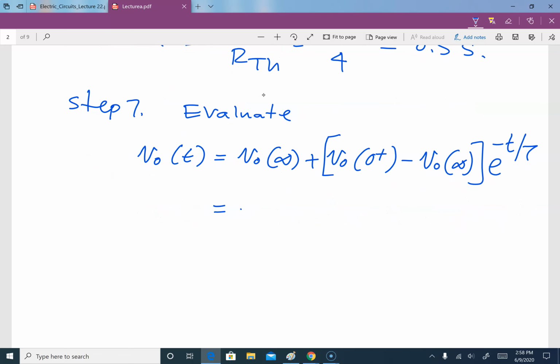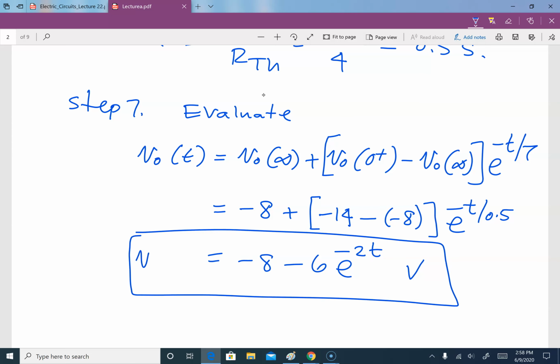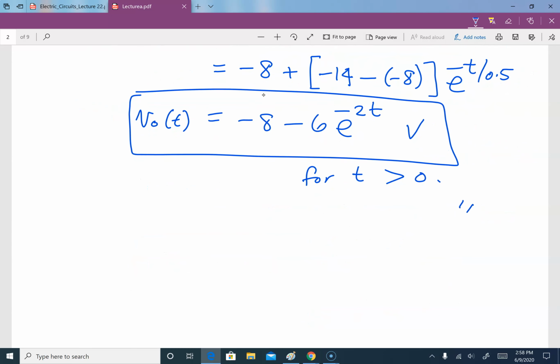V naught of infinity came out to be negative 8, plus V naught of 0 plus came out to be negative 14, then minus 8, exponential of negative t over 0.5, and that will be negative 8 minus 6 exponential of negative 2t volts. And this is our answer for our V naught of t for t greater than 0. By this, we are done with the lecture today.